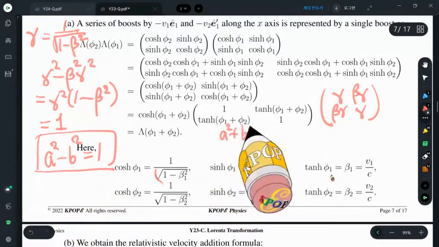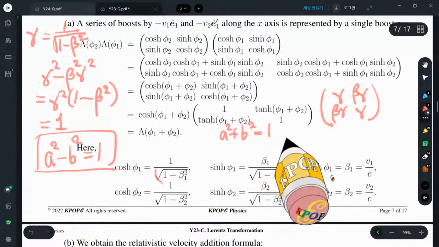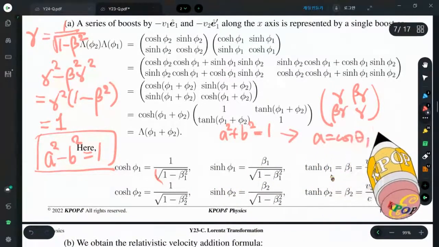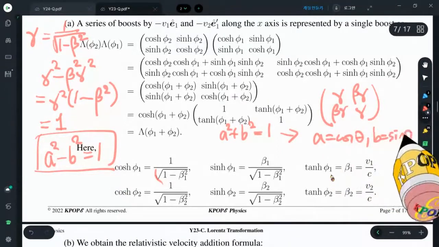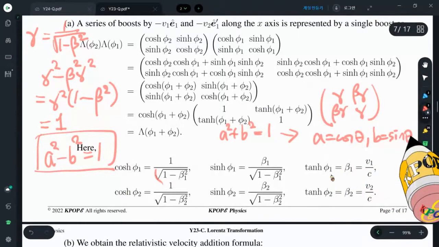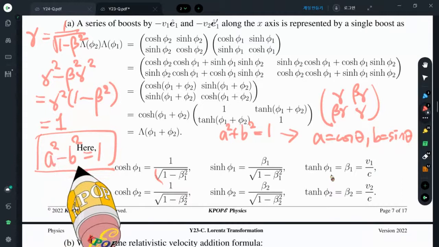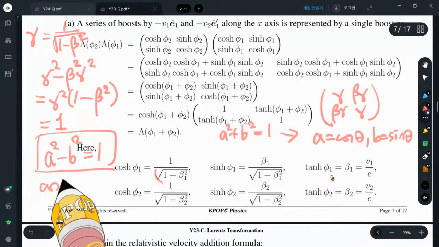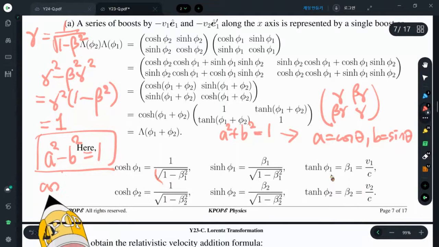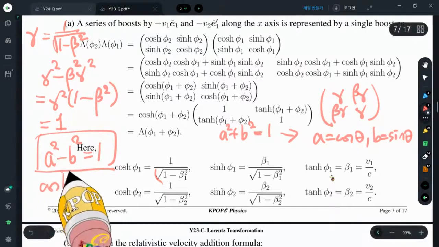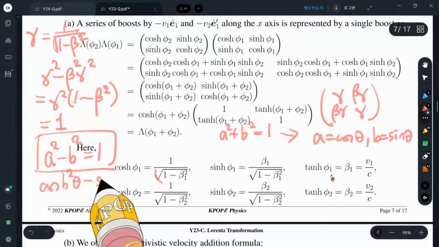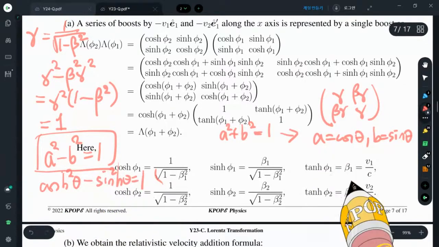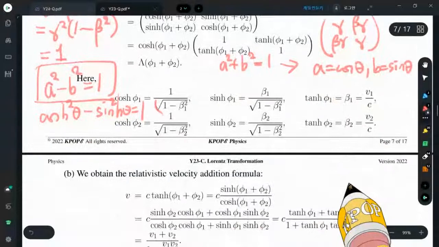Something squared plus something squared is always 1. What's that? A equals cosine and B equals sine theta. But in high school, you learned something squared minus something squared equals 1. Aha. Cosine hyperbolic, sine hyperbolic. That's 1. Remember?